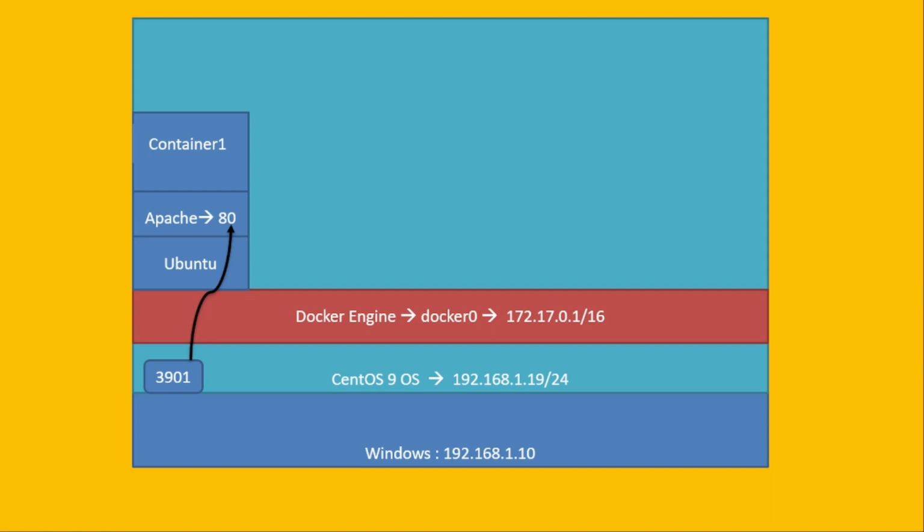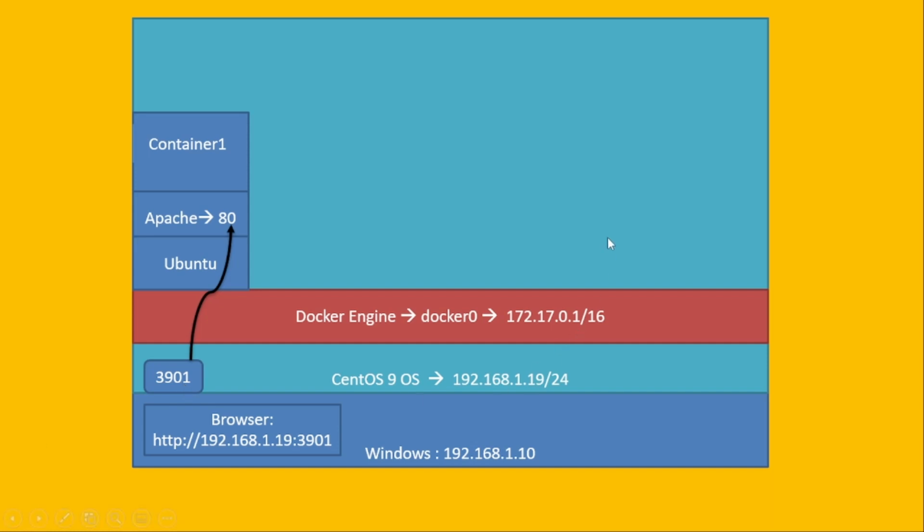On the Windows machine, if we open a web browser, we must type http colon slash slash VM IP address colon 3901 port number, because my host machine does not have the information of my container IP address, and we bind all the container traffic, in and out, with port number 3901 on the Docker host machine.